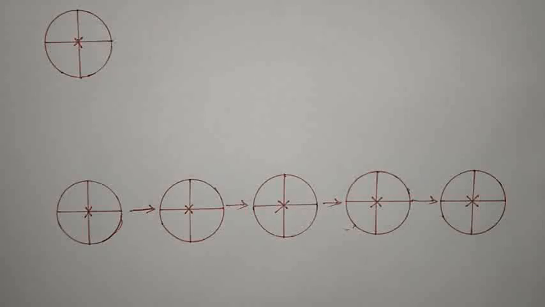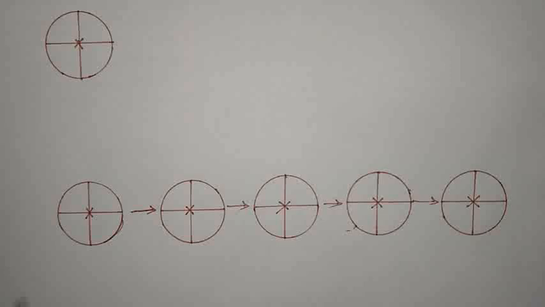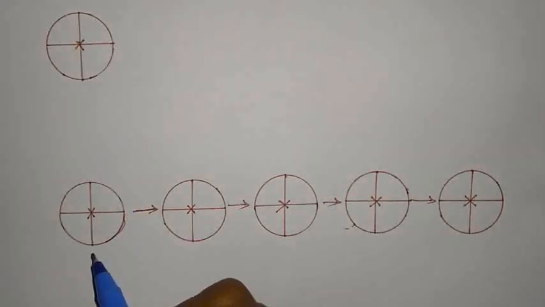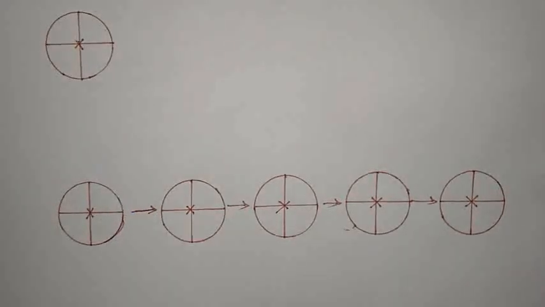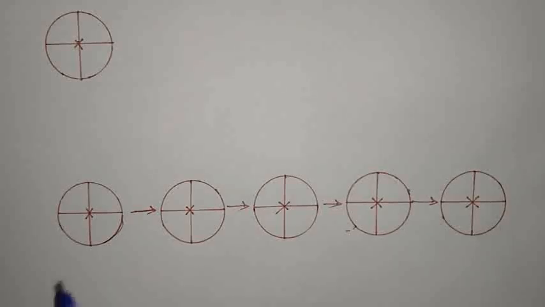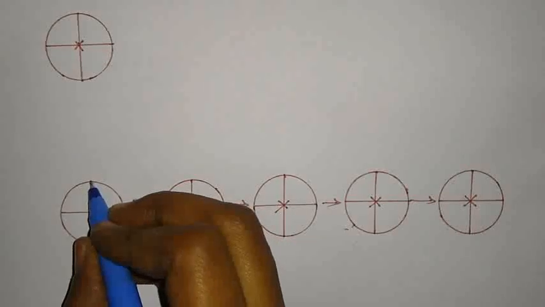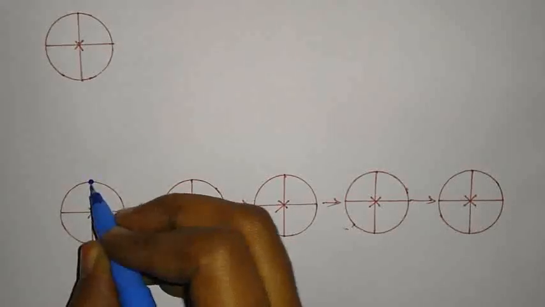Take down the A subdivision. First question, A subdivision. This is the first figure. This is our question. So we put a small dot for our reference. Here we put the dot.